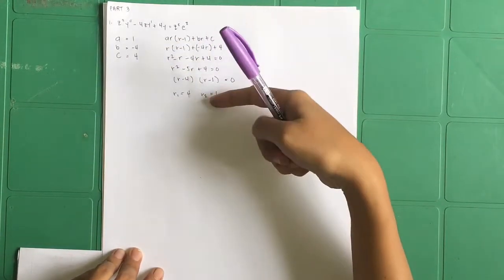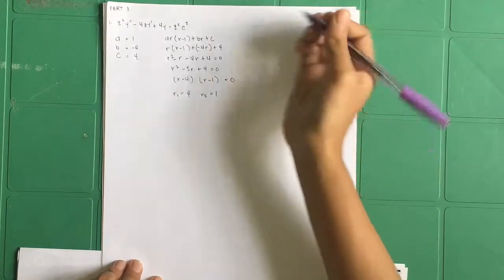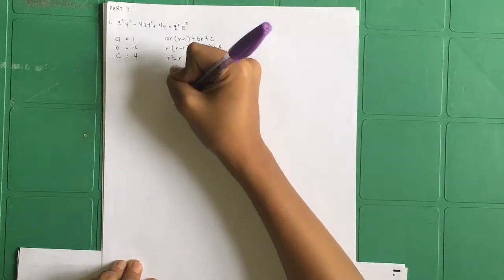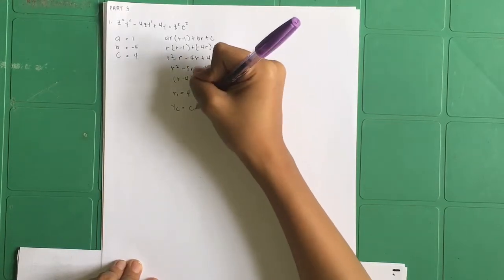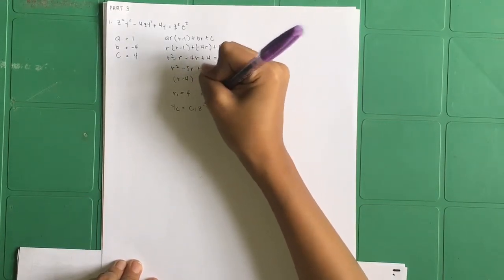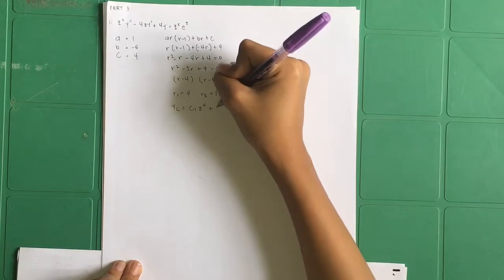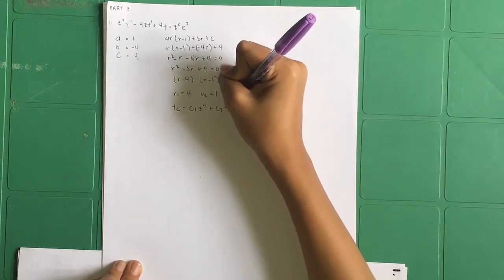Now it can be yc equals c1 z raised to 4 plus c2 z.